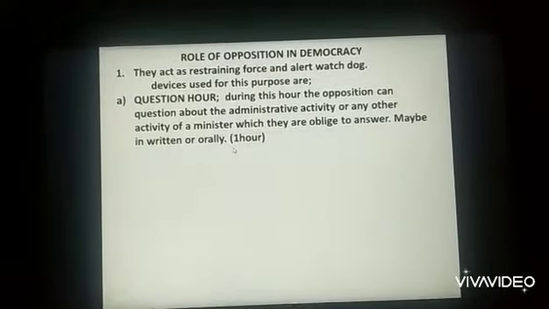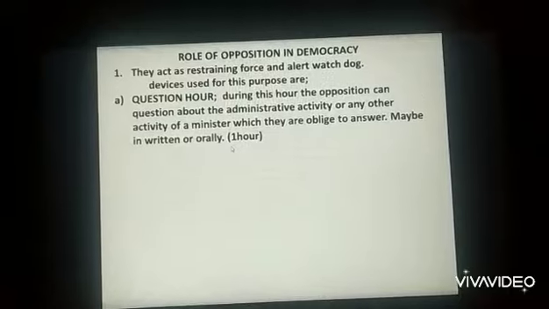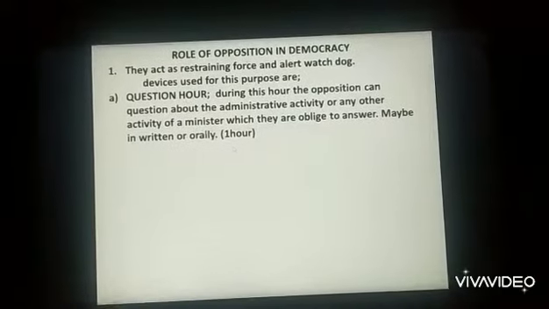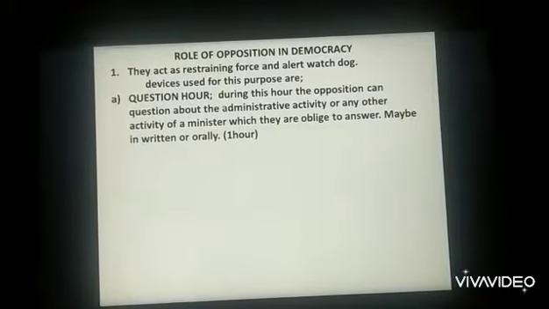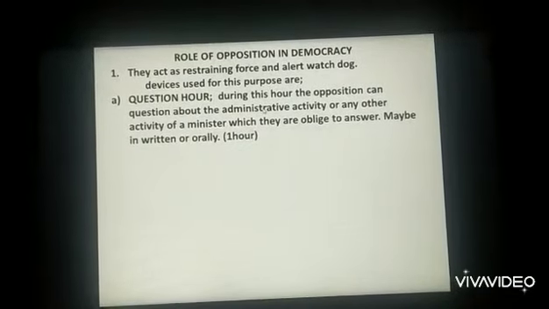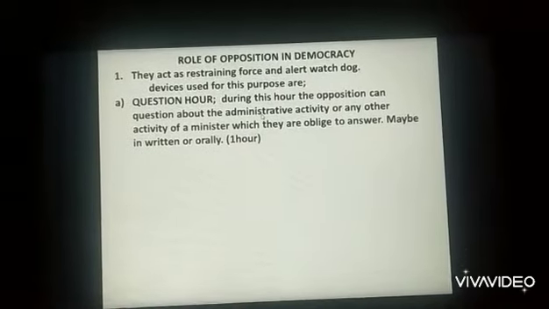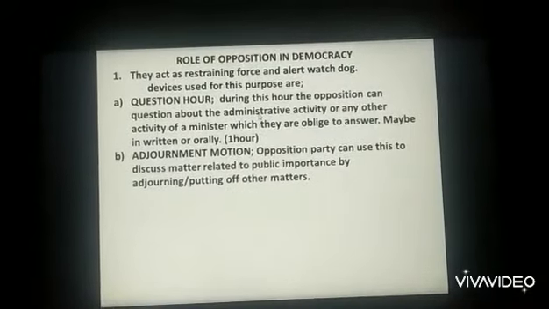In any way, they have to reply to the opposition party. So question hour is very important to bring out important discussion in the parliament.